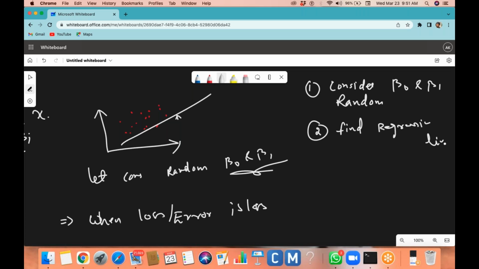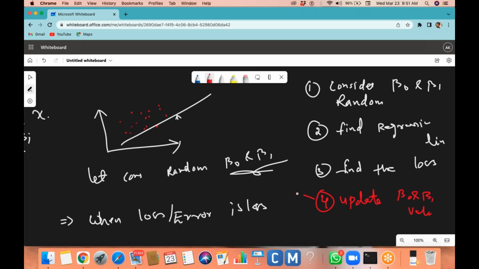After that, find the loss. After you find the loss, my next step is to update these beta naught and beta 1 values.